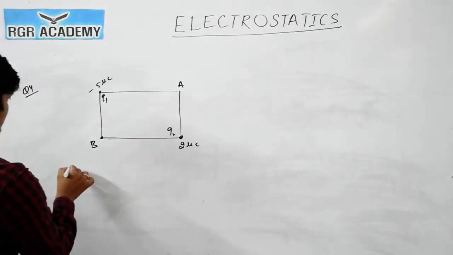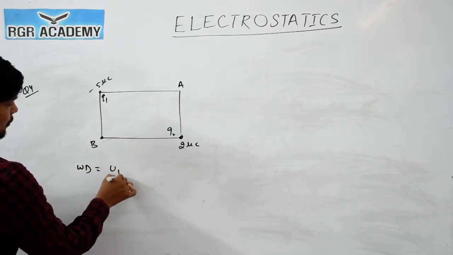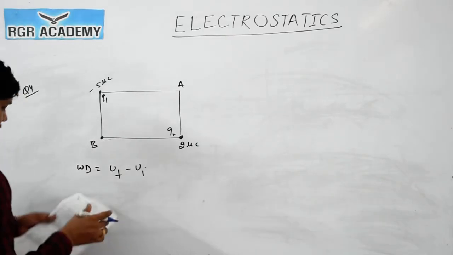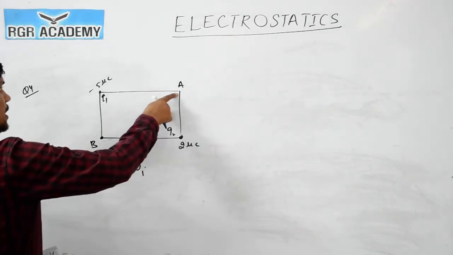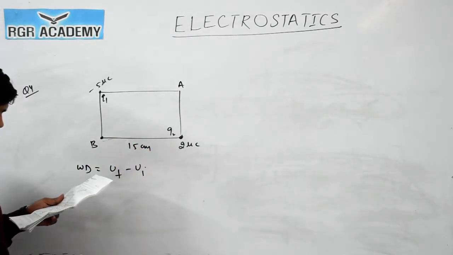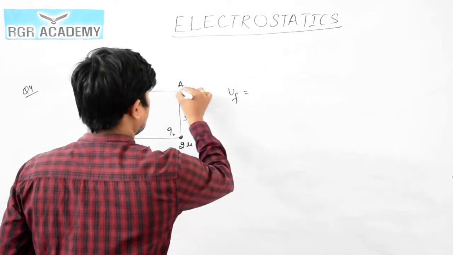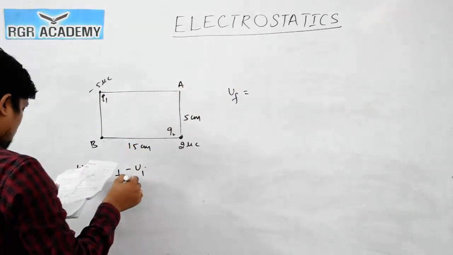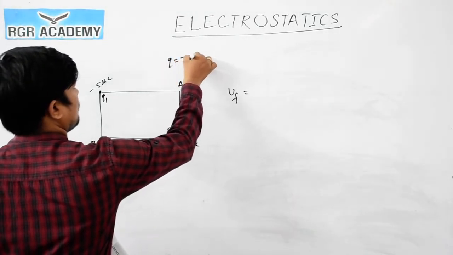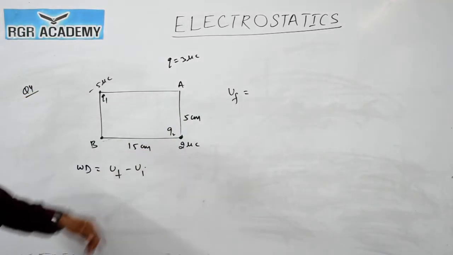So work done is given by U final minus U initial. Final potential energy means when the charged particle reaches point A. The distances are given: this distance is 15 centimeter and this one is 5 centimeter. When the charge of 3 microcoulomb reaches point A, then due to these charges it will have some potential energy.